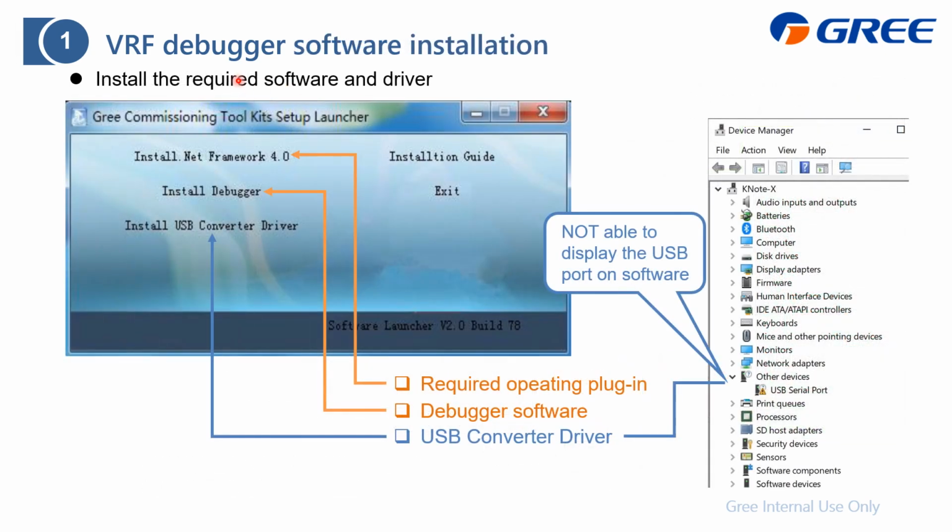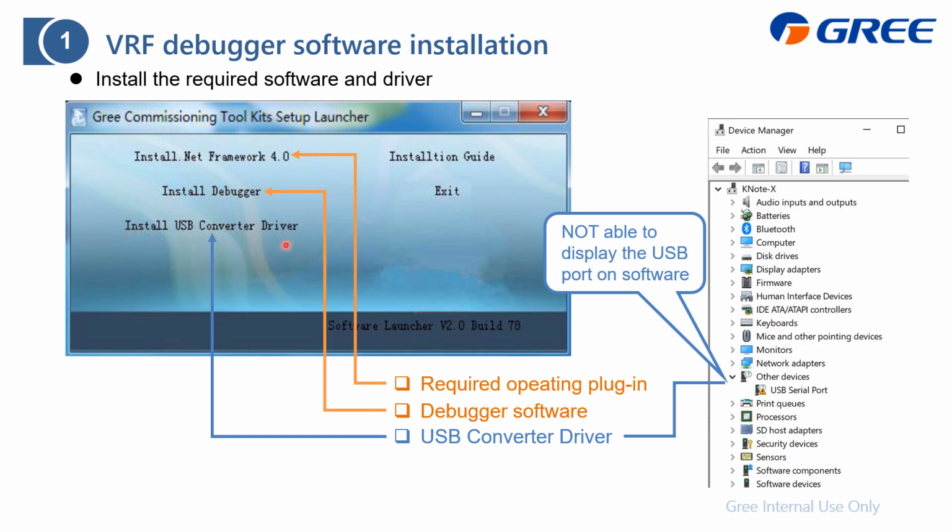As for the software, this is the installation. When you click on start, there are these 3. The first is the operating plug-in software. We need to install this one, and this is the software itself. And the last is the USB converter driver.